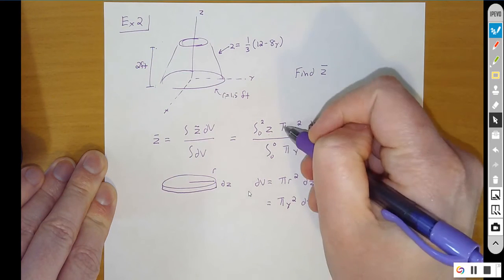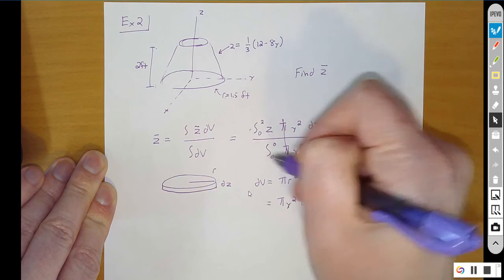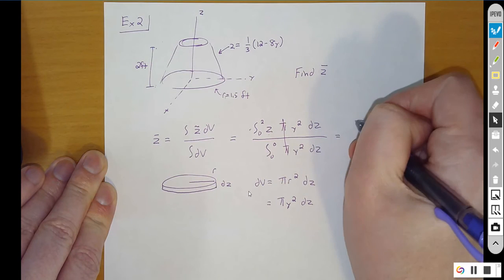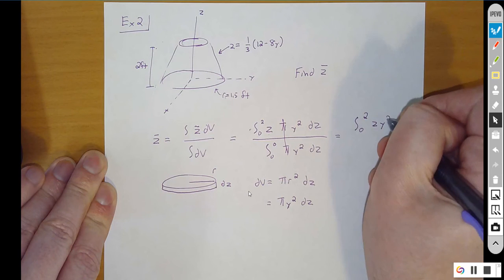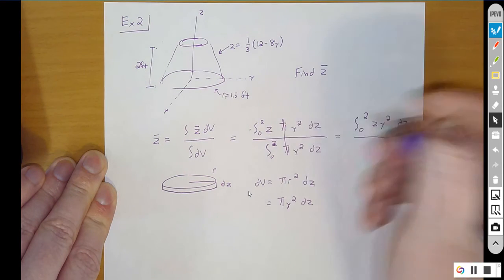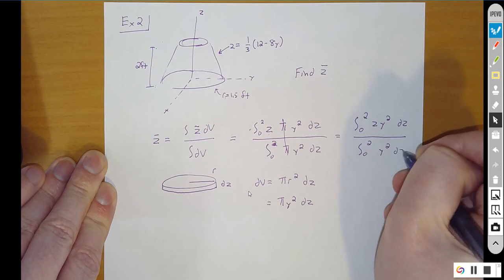These pi's are both constants, so I can move both of them to the front and they cancel. We don't actually need those. So we are left with the integral from 0 to 2 of z y squared dz over the integral from 0 to 2 of y squared dz.